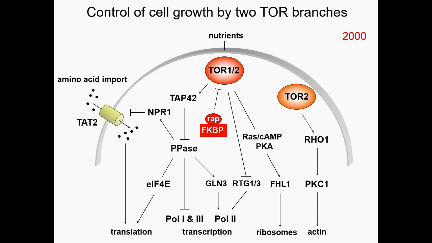We realized that the two TOR proteins control cell growth via two separate signaling pathways or biochemical pathways. One pathway contains the TOR2 protein, and this signals to the actin cytoskeleton, which determines the shape and what part of the cell grows. And we view this then as mediating spatial control of cell growth.